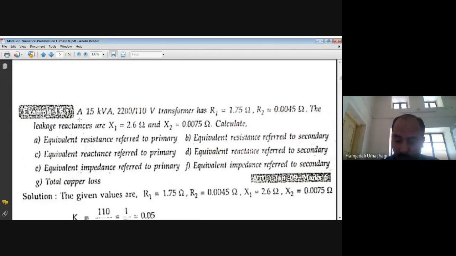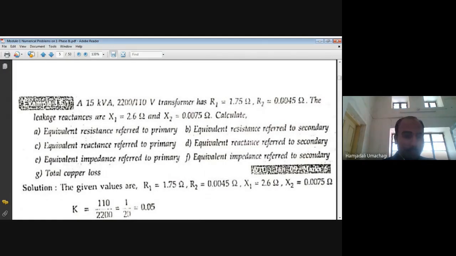So, the given problem statement is a 15 kVA, 2200/110 volt transformer has R1 equal to 1.75 ohms, R2 equal to 0.0045 ohms. The leakage reactances are, primary leakage reactance X1 is 2.6 ohms, secondary leakage reactance X2 is 0.75 ohms.